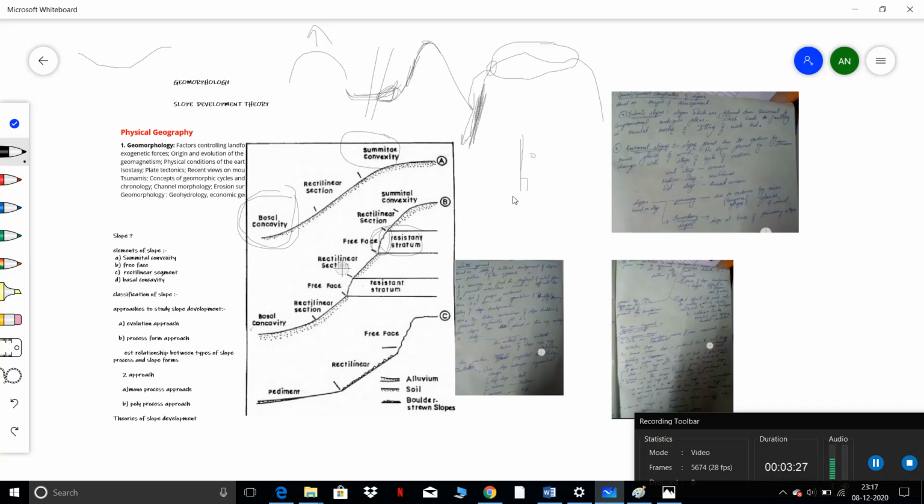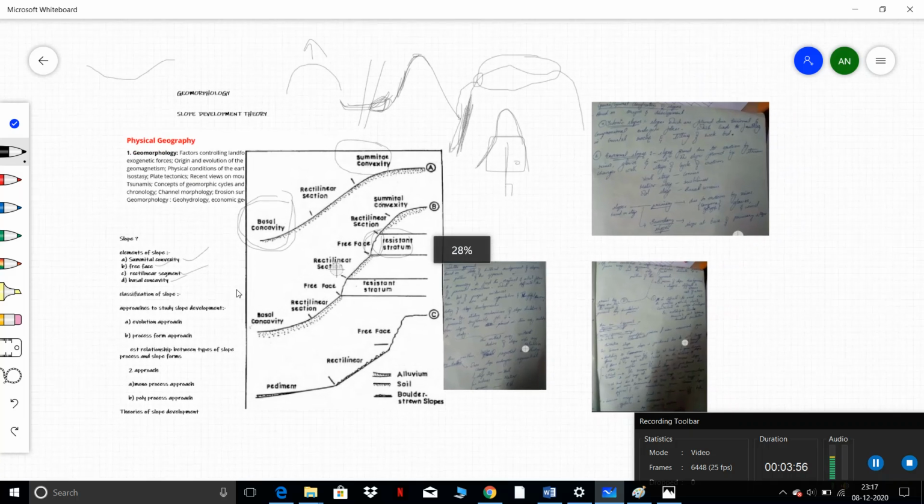For having a free face, a particular hill slope profile should have a hard core rock, a rock which has greater strength, whose intermolecular strength is high. So there are four segments of a slope profile: summital convexity, free face, rectilinear segment, and basal concavity.